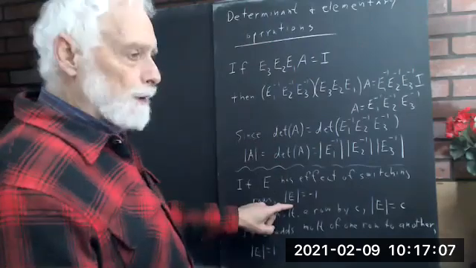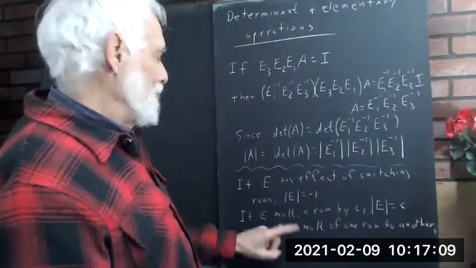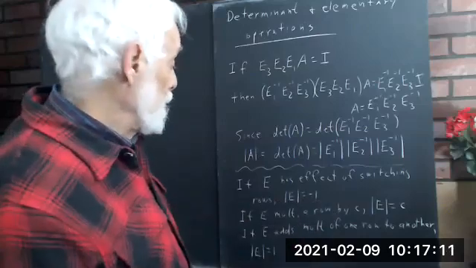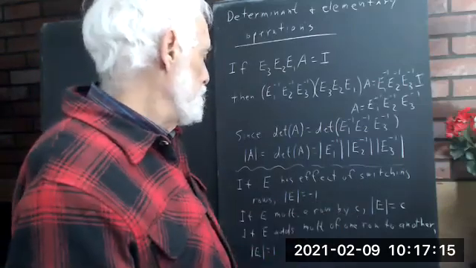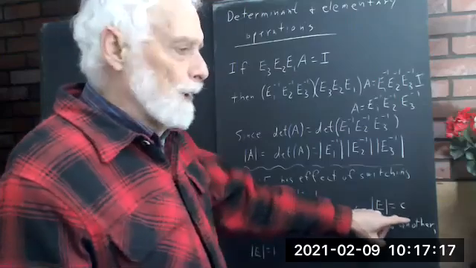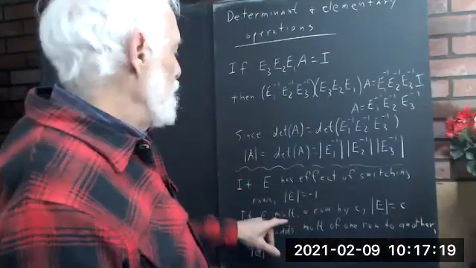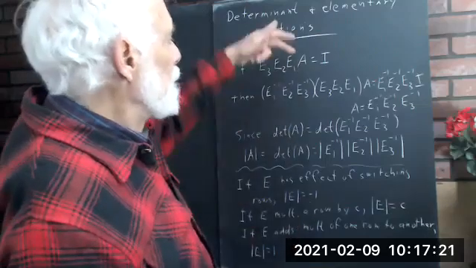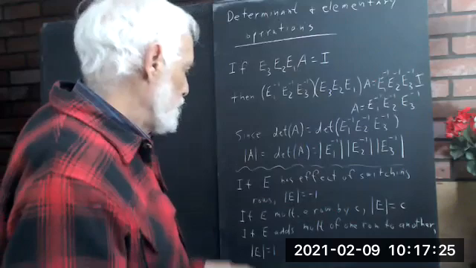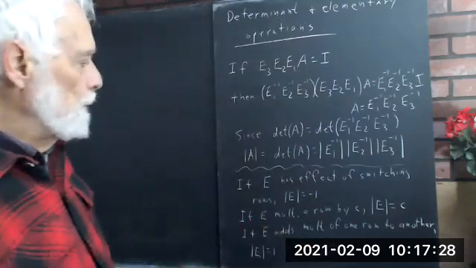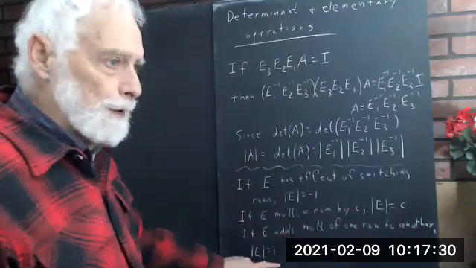If E multiplies a row of the A matrix by C, then the determinant of E is C. If E adds a multiple of one row to another, its determinant is 1.